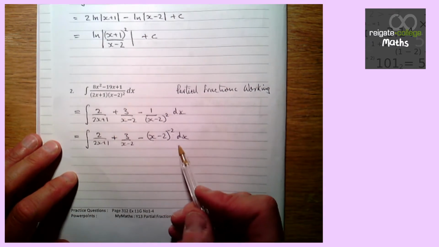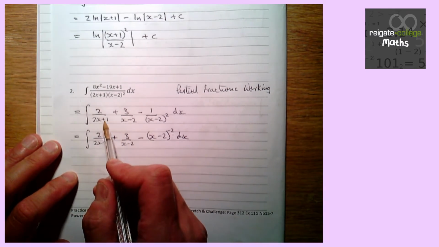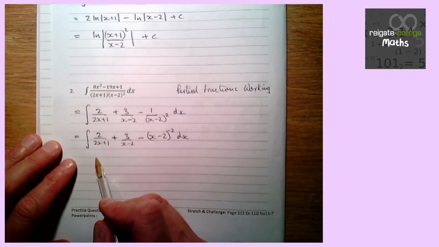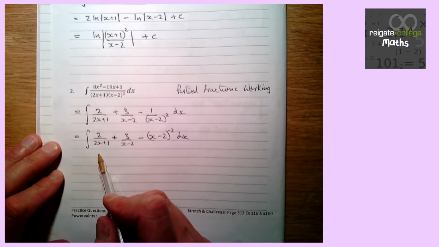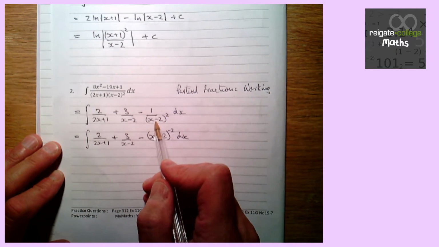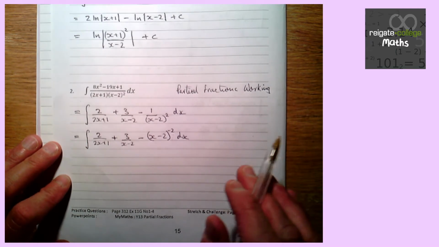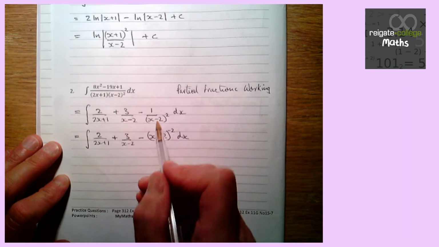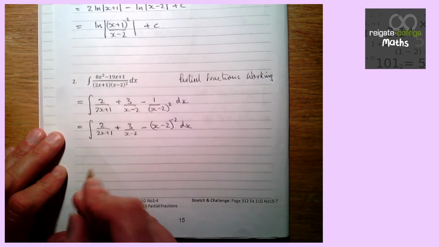It's very easy to make the mistake of thinking that all of these are going to end up, when we integrate them, as having a log function, but this one's not. You often see people making the mistake of ending up with ln of x minus 2 squared. We're not going to get that.